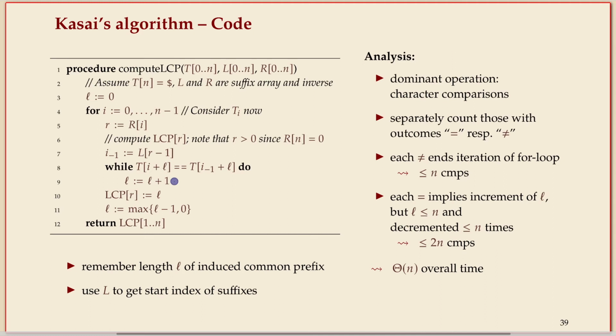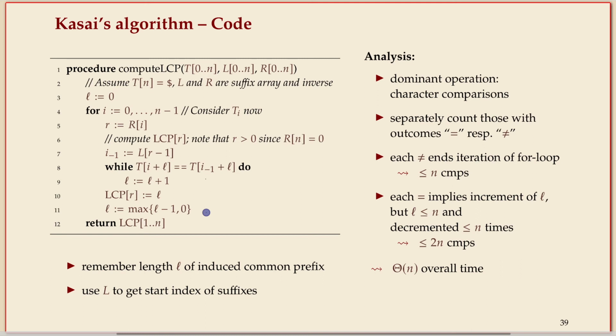But whenever you do have one of these character comparisons that come out as equal, you increment L. That's obvious again in the code at this point. You increment L. But L can be at most n because it's the length of the string. And we decrement it at only one position, and we do that only once for each outer loop iteration.